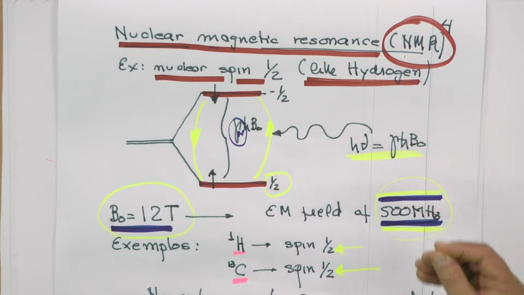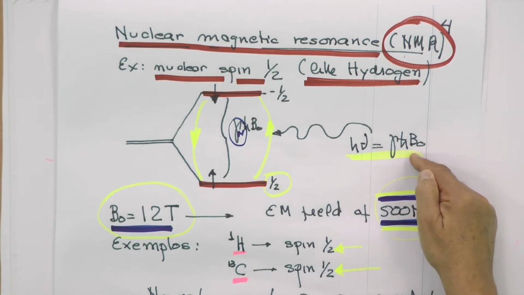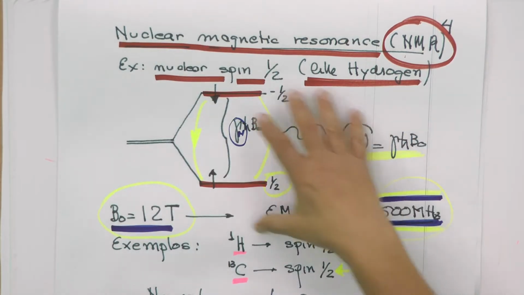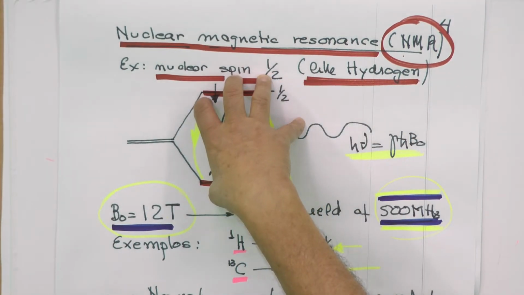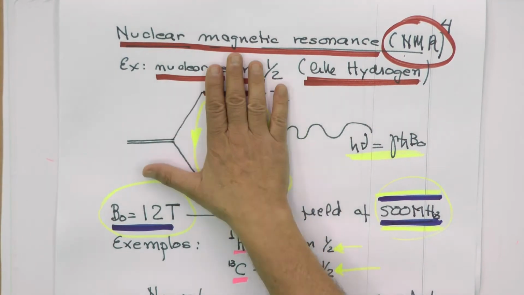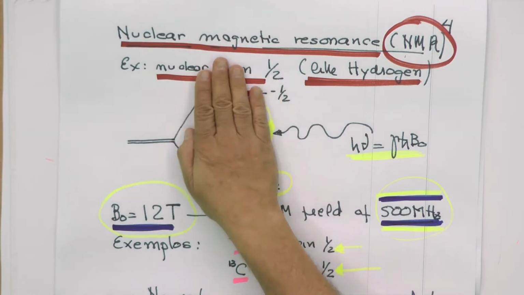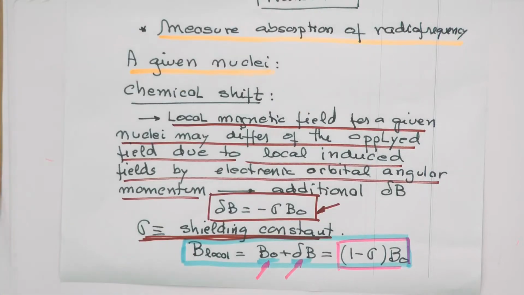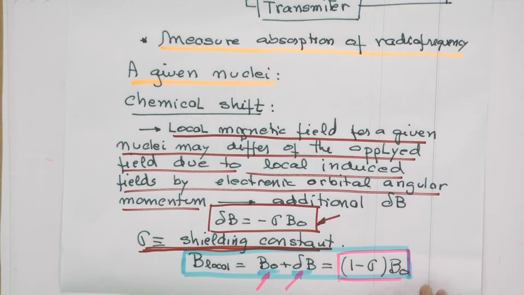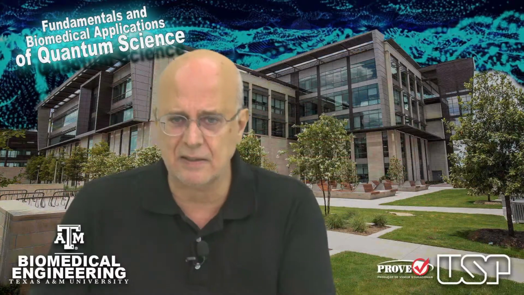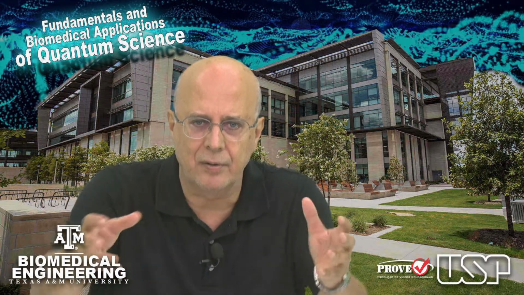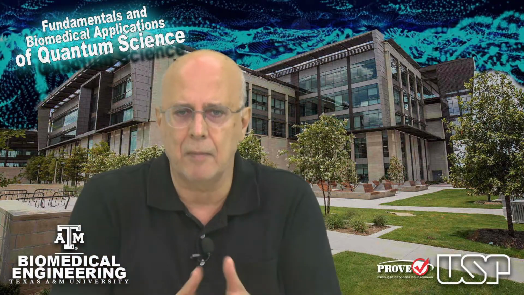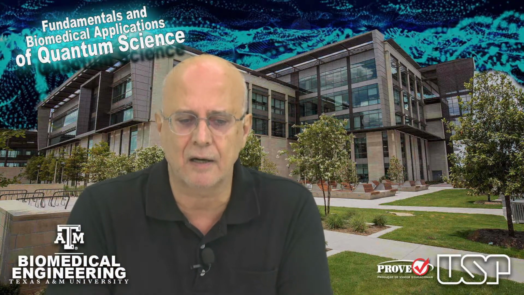But the bias field, not the field that I apply, because here I had the nuclei isolated. I had a nucleus that was alone with the radiation and the B field. But now, what I have is the nucleus in the presence of the bias field, but embedded in the molecular region, in the local field region produced by whatever is the chemical environment that this nucleus is in.